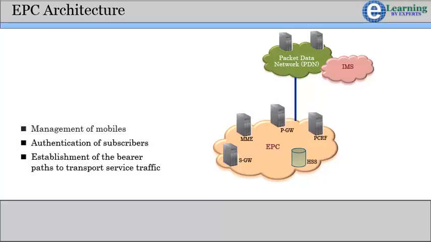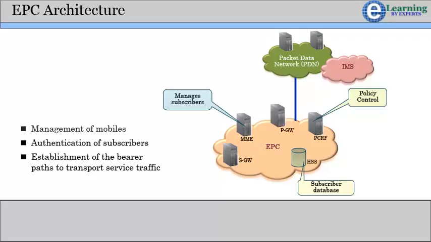The Policy Control and Charging Rules function is responsible for policy control decision-making. The HSS is defined as the subscriber database for the LTE EPC, while the MME manages subscribers while they are in the network. The SGW and PGW are used explicitly for routing user traffic.